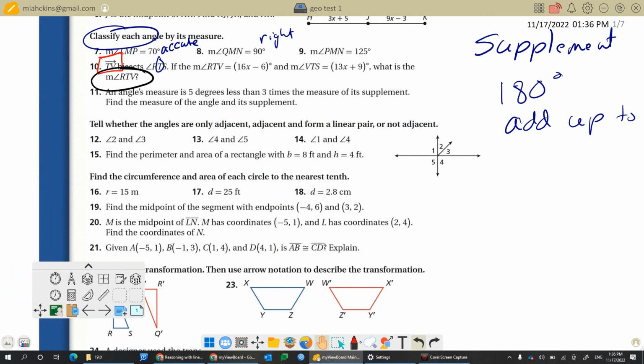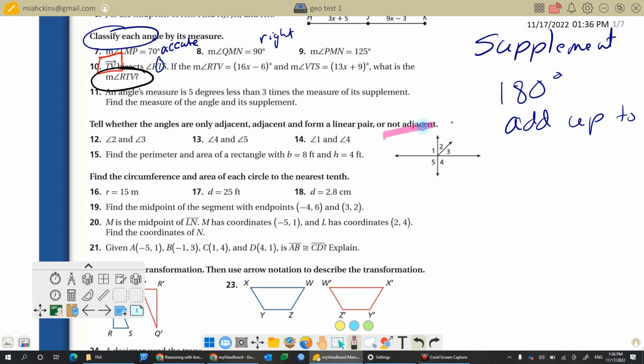So then we came up with that the angle was 133.75 and its supplement was 46.25 as our answers.